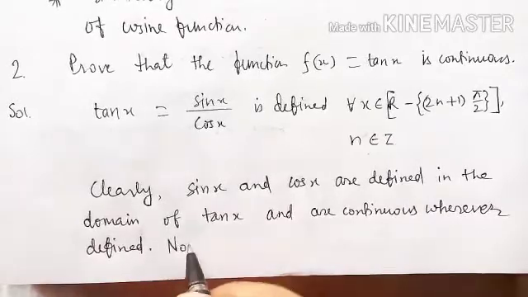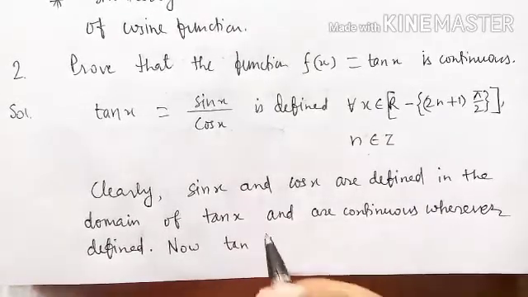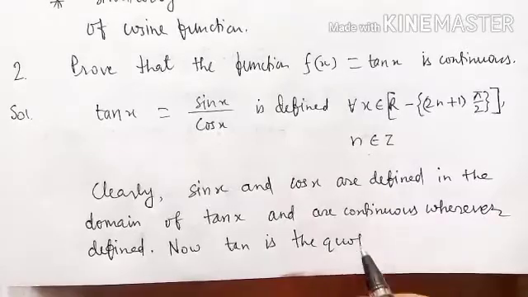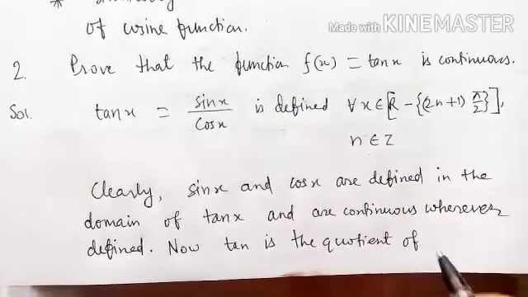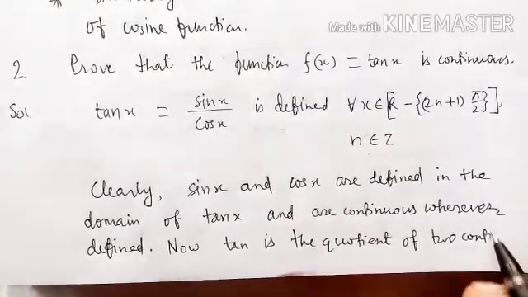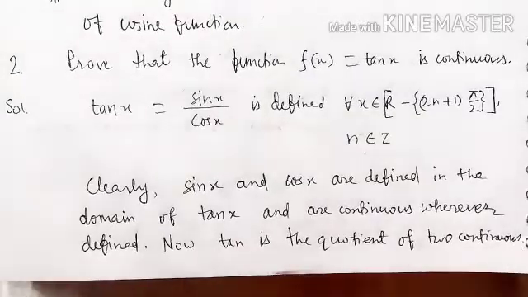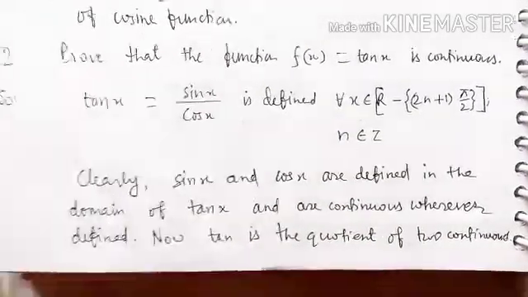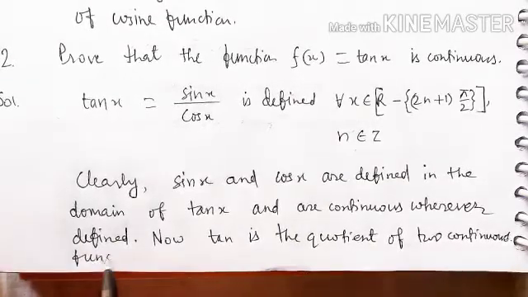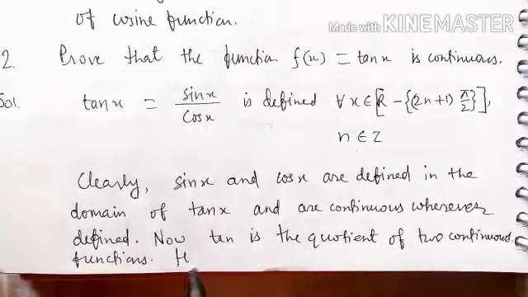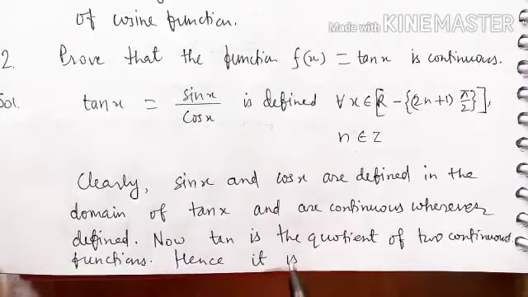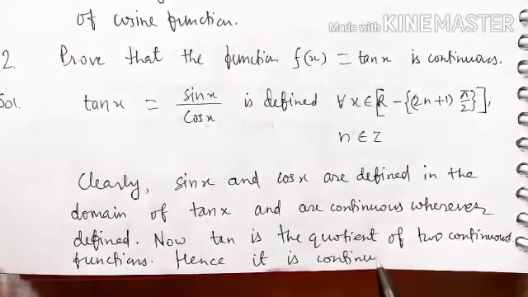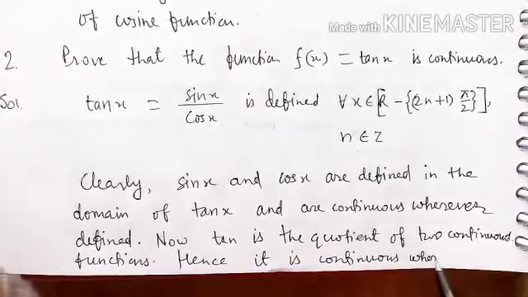Now, tan is the quotient of two continuous functions, hence it is continuous wherever defined.